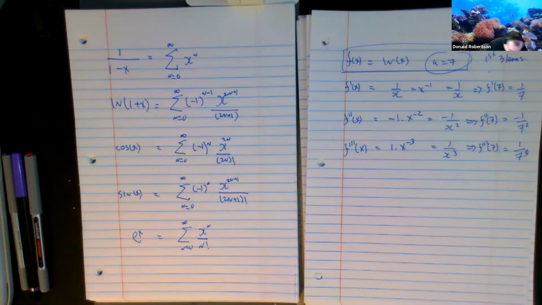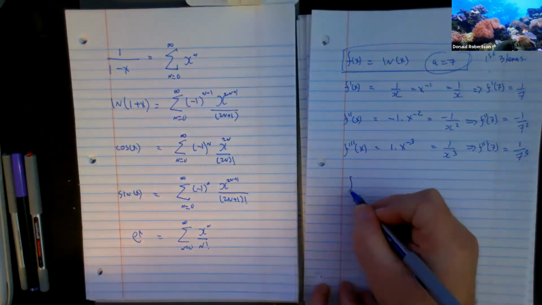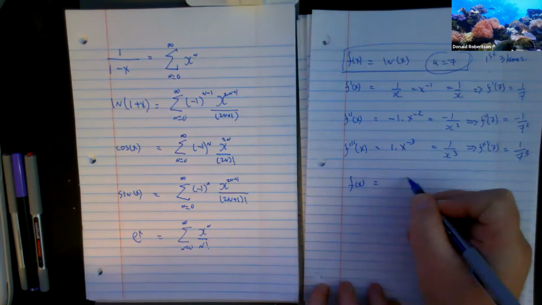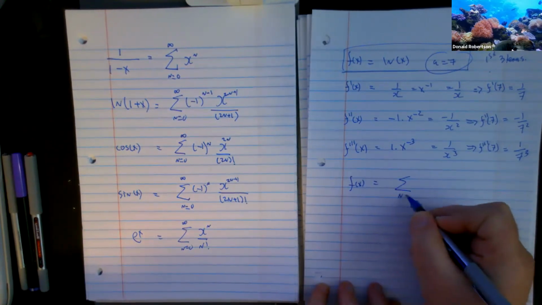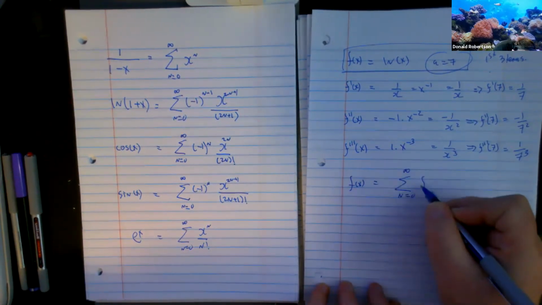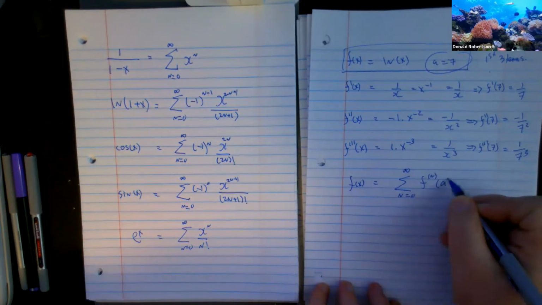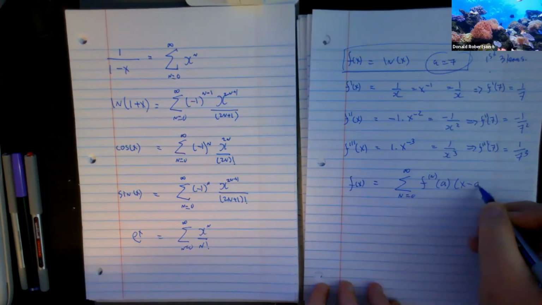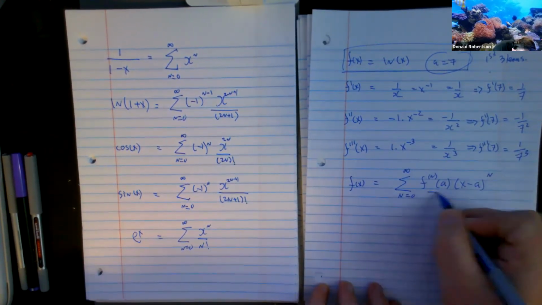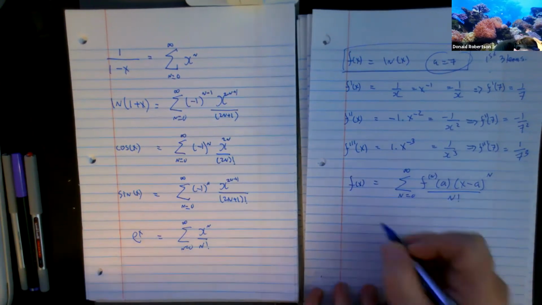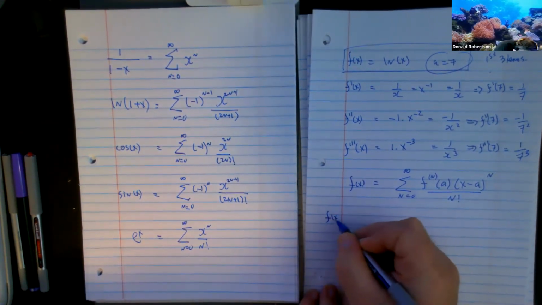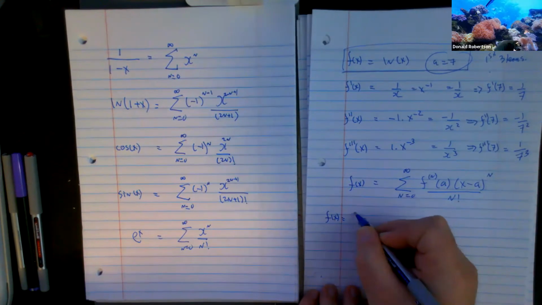Right, now, f of x then is sigma, typically n equals 0 to infinity, the nth derivative at a, x minus a to the power of n over n factorial. If you write it out in full, it looks like this.